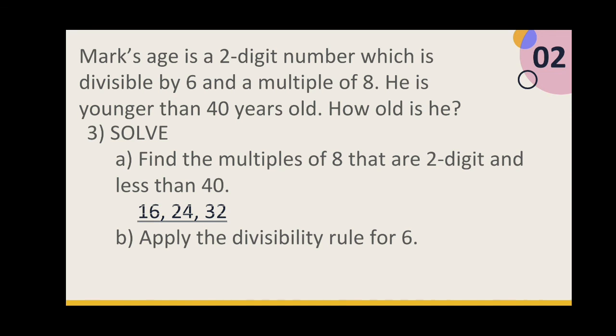Now let's apply the divisibility rule for 6. Again, it should be divisible by 2 and 3. So, let's check if all the given numbers are divisible by 2. Okay, all of them are divisible by 2 because the ones digits are 6, 4, and 2. Now, let's check which of them is divisible by 3.